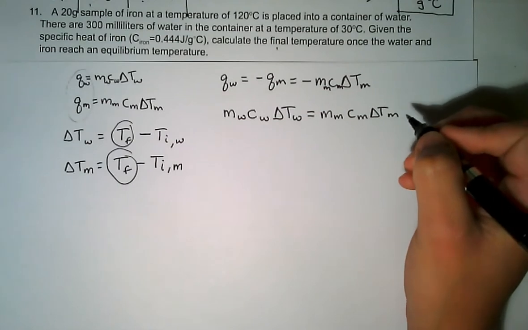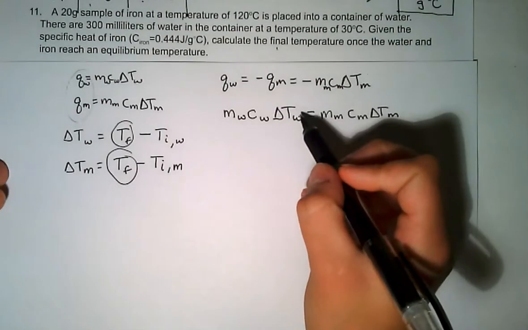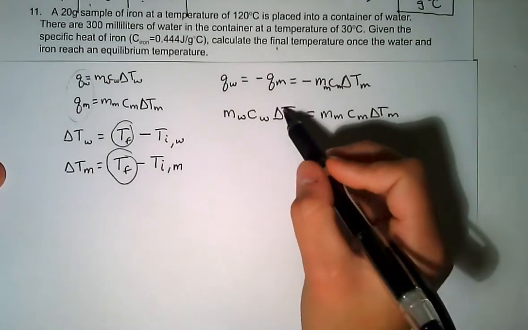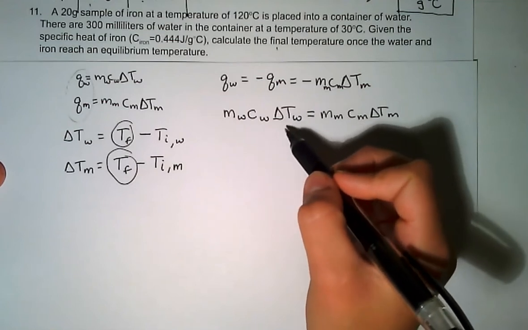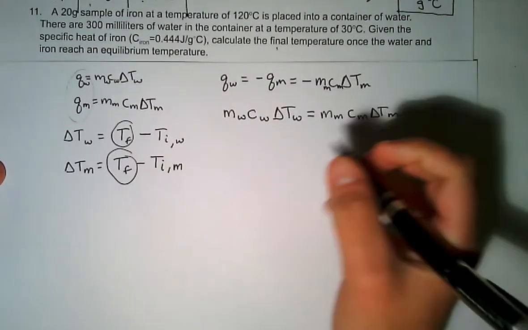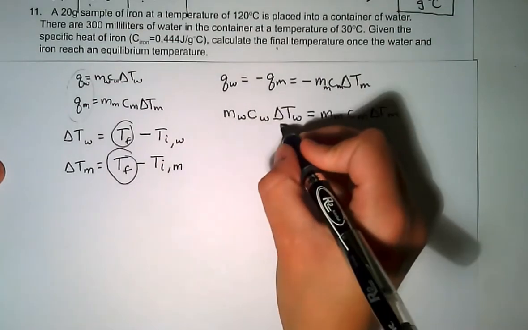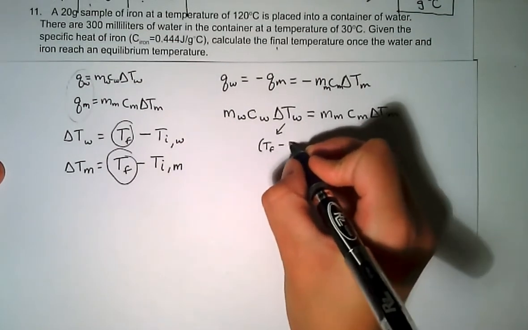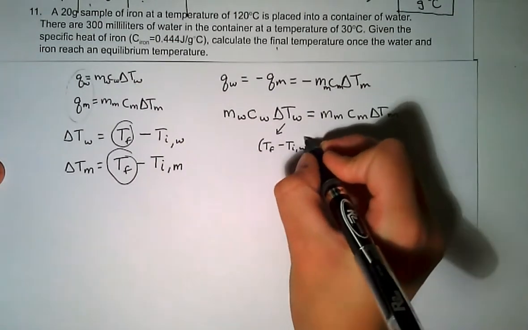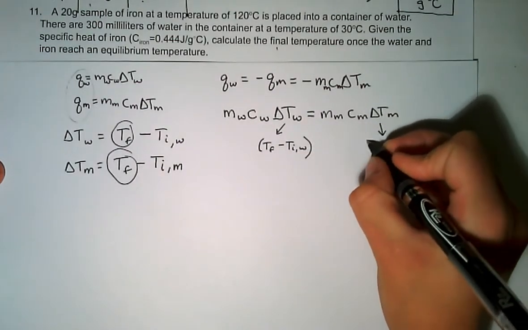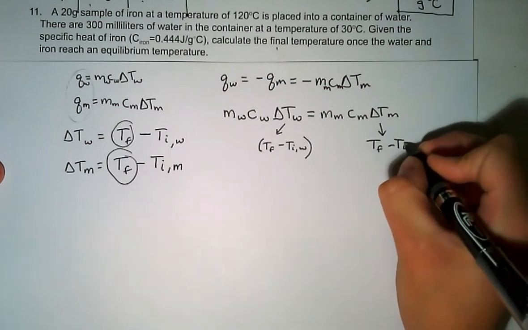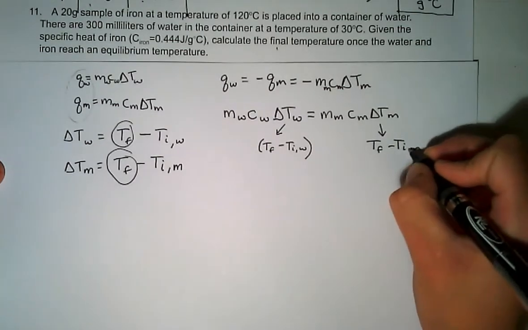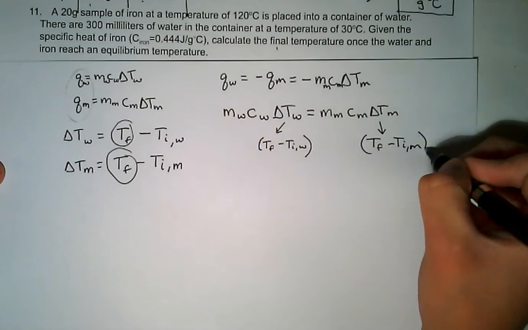So this doesn't look too bad yet, but unfortunately we have to expand our delta T to be T final minus T initial. So I need to expand this a little more. So this part is now going to be T final minus the T initial of the water. And this part is going to be T final minus T initial of the metal. So this gets a little confusing here.